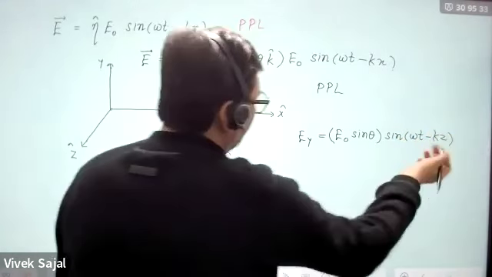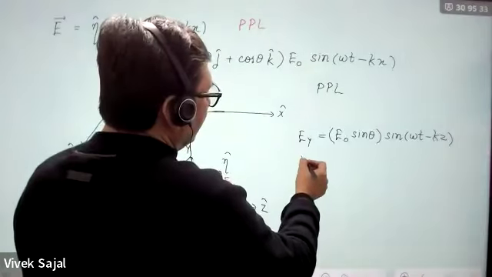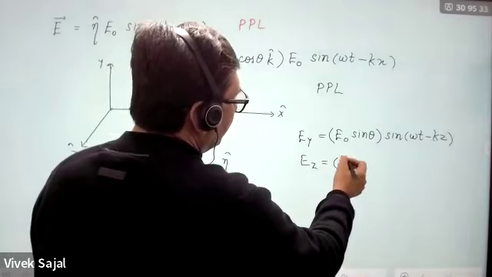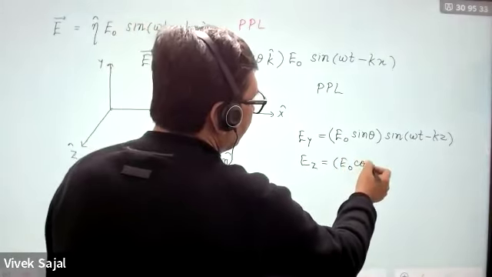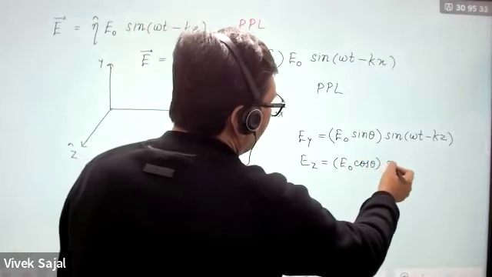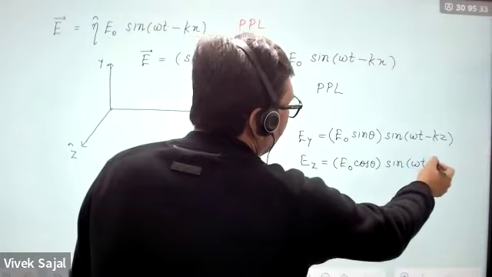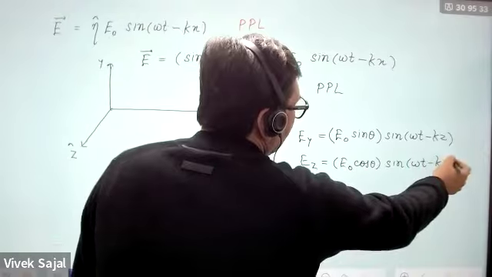You can choose z equal to 0 if you want to recognize it. The z component will be E naught cos theta, and this will also be sine of omega t minus kz.